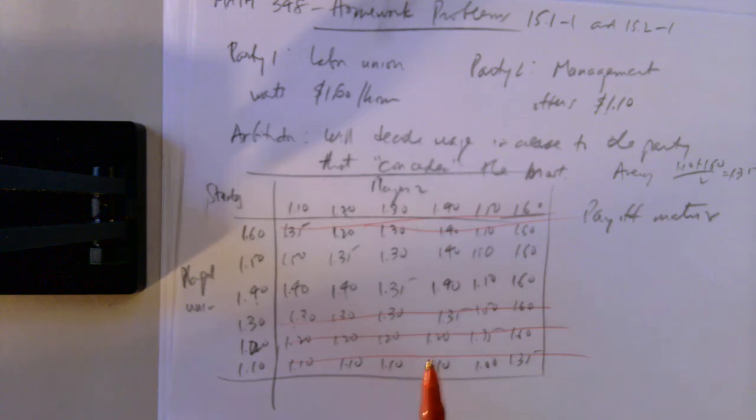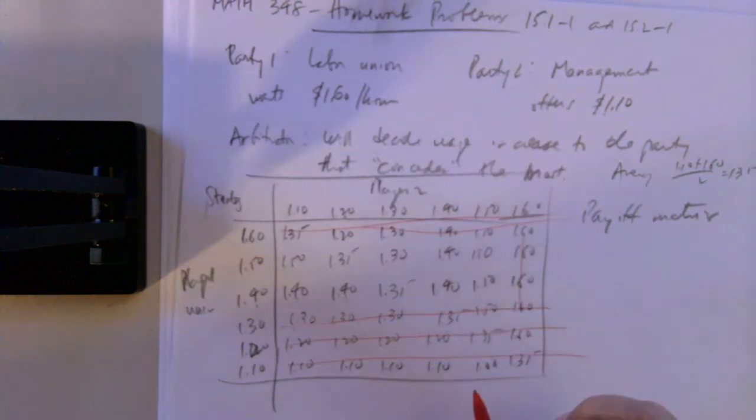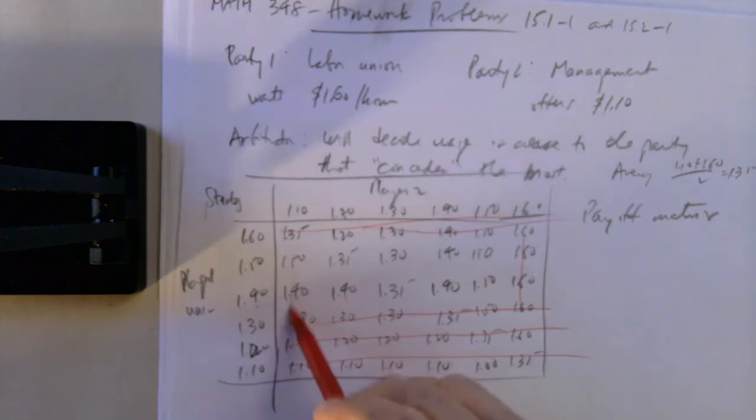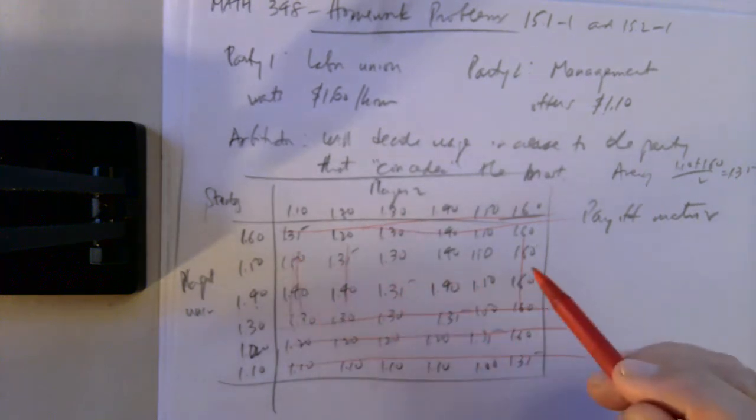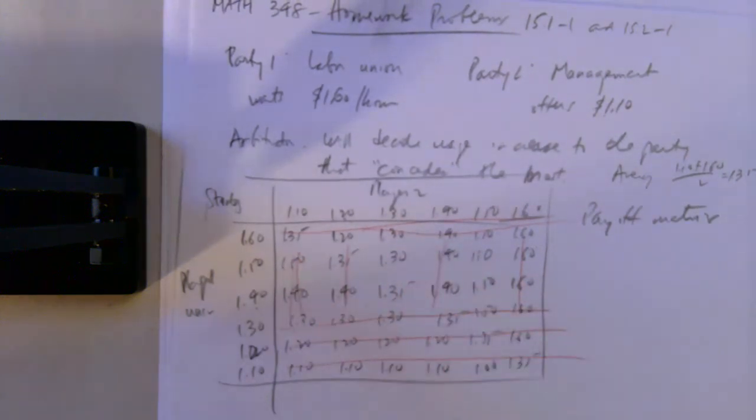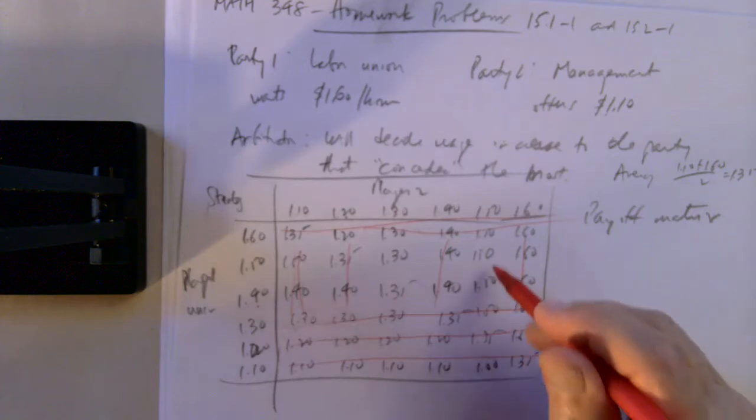Well, sorry, let me say this more carefully. 150, 140 dominates 160, 160. So you'll never pick 160 for management. You want the smallest. 130, 135 is smaller than this, or this, or this, or this.